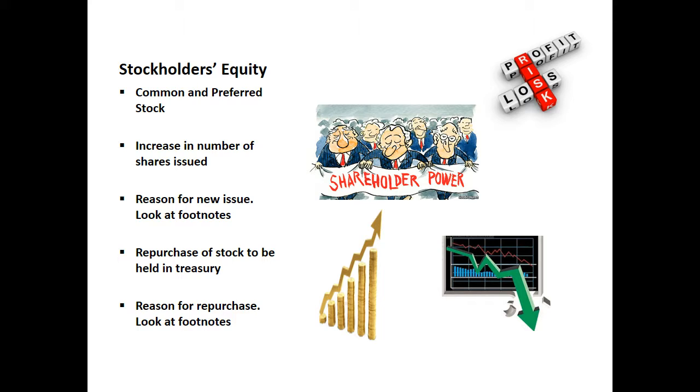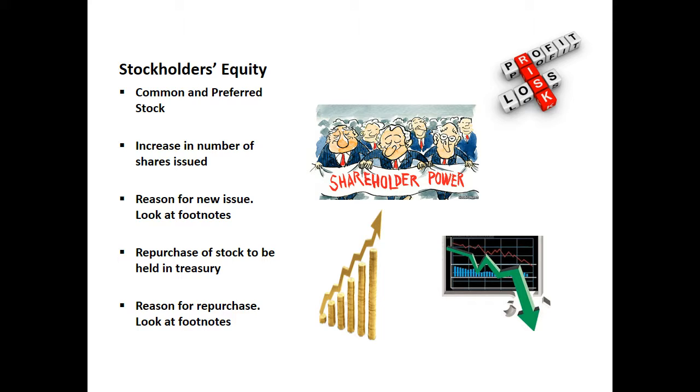Chapter 11 is the chapter on stockholders' equity, so if you need to look up information, you have that. There are a number of things you have to do in part 4 with respect to stockholders' equity. One is, what type of stock does your company issue? The answers are common and/or preferred.